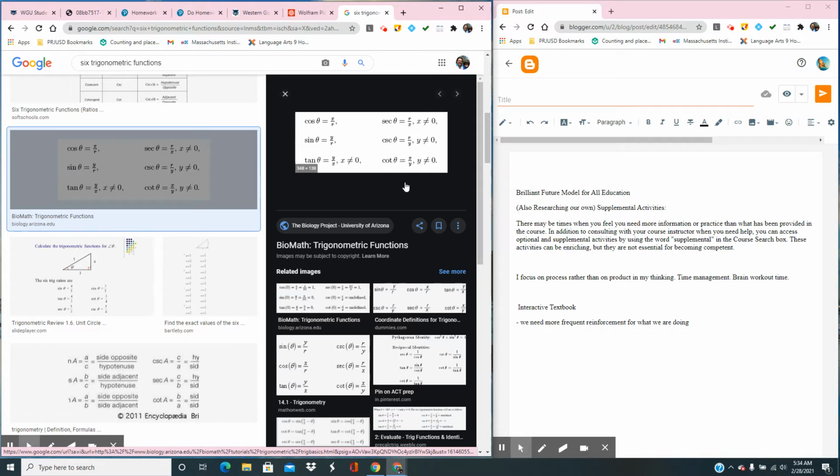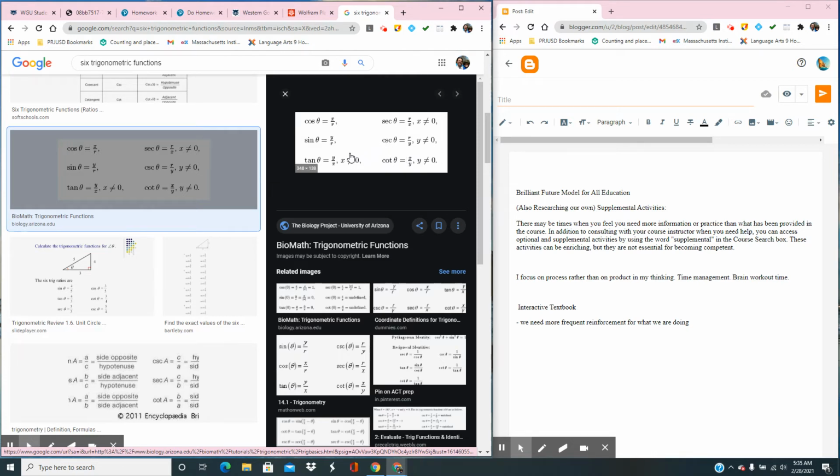This is showing it with radians though, or the radius and X and Y. So there are different ways I'm going to need to look at these 6 basic trigonometric functions.